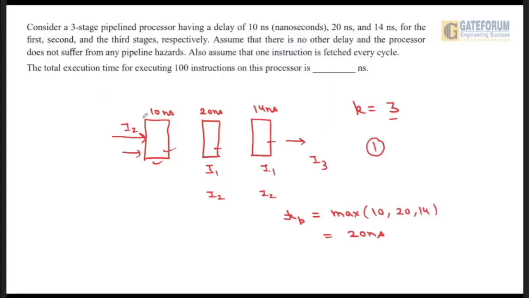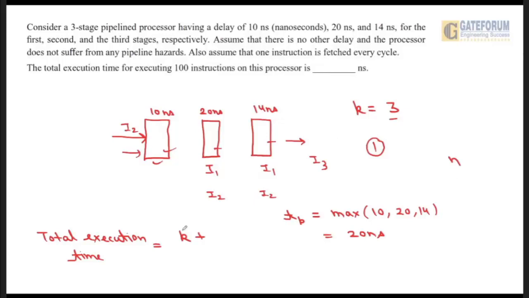Now you have to calculate the total execution time. The first instruction will take k cycles. Suppose there are total n instructions.